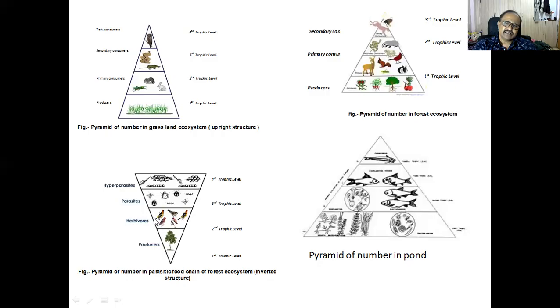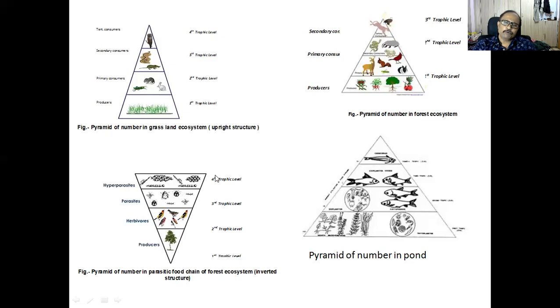Hence, we have taken this larger box. ये birds के body पे रहने वाले जो smaller insects है, lices, insects and lices, वो और ज़्यादा number में होंगे. बराबर. Hence, we have taken the structure of third trophic level larger.